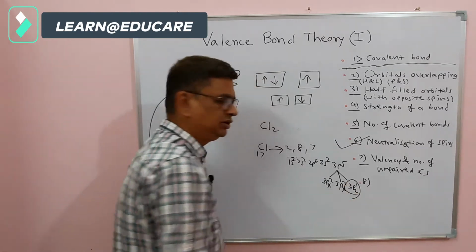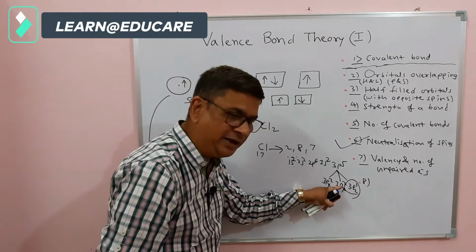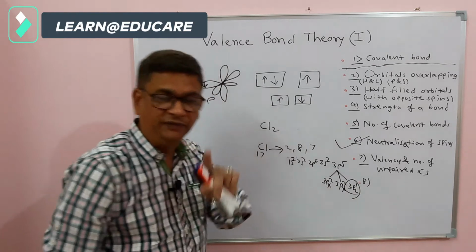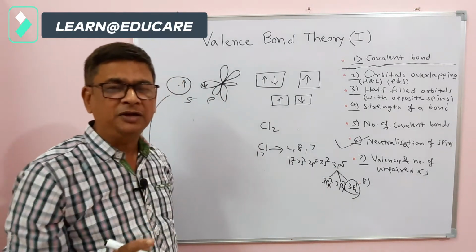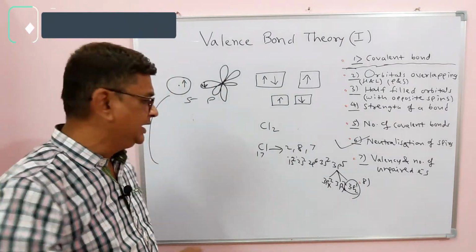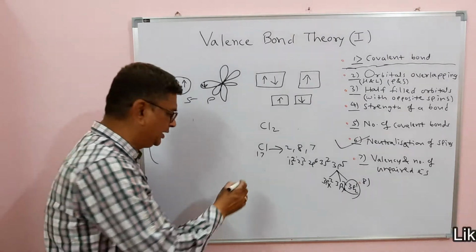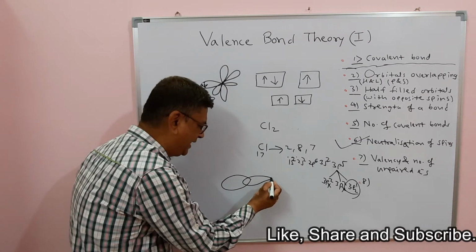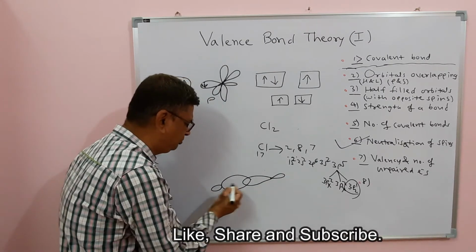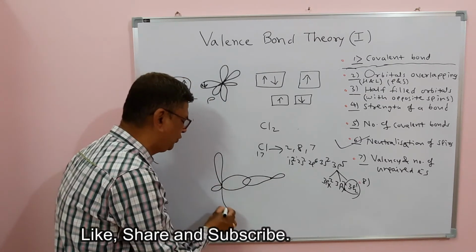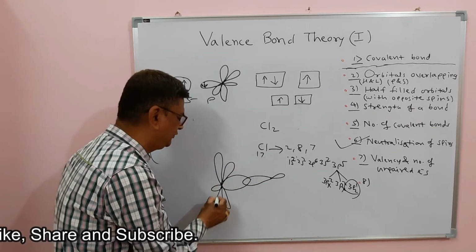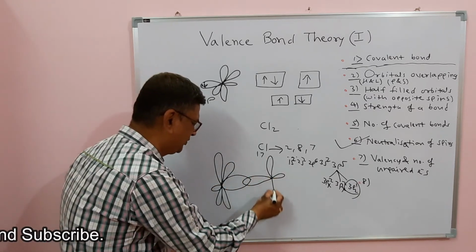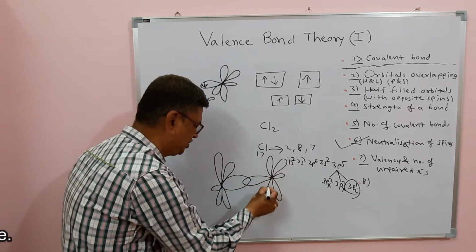Can you observe 3px2, 3py2, but 3pz is 1? It means there is only one unpaired electron in chlorine, and that is in the 3pz orbital. Therefore, two chlorine atoms combine by 3pz overlap, and that is how we get the Cl2 molecule. This is the diagram of how the Cl2 molecule forms.